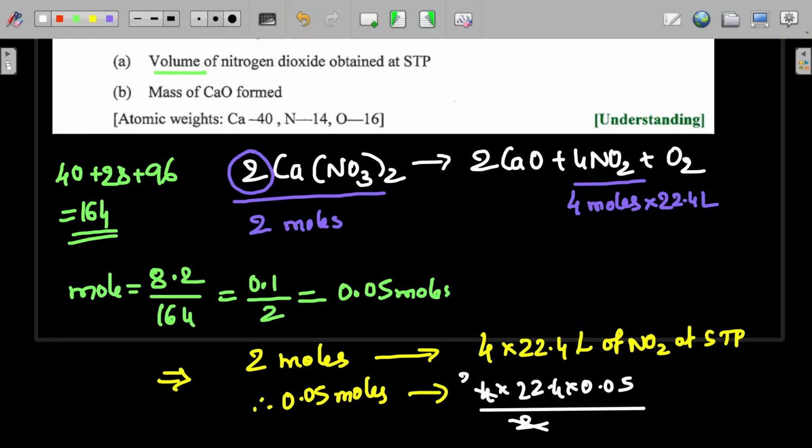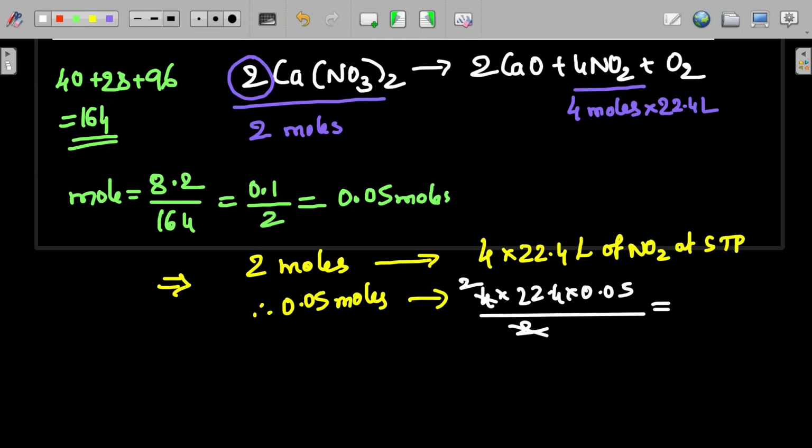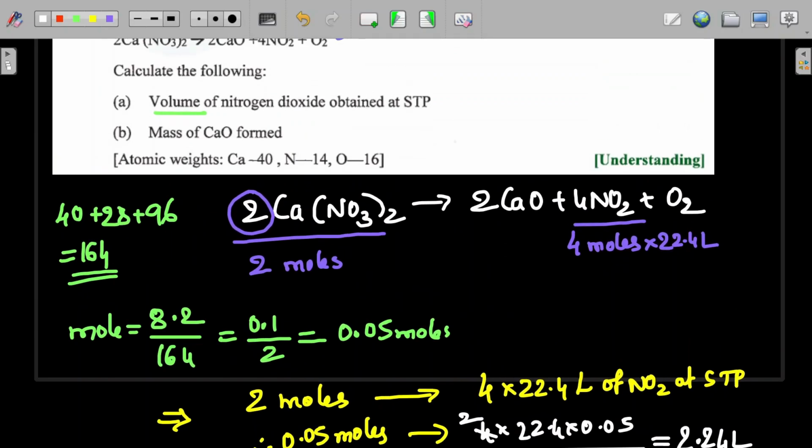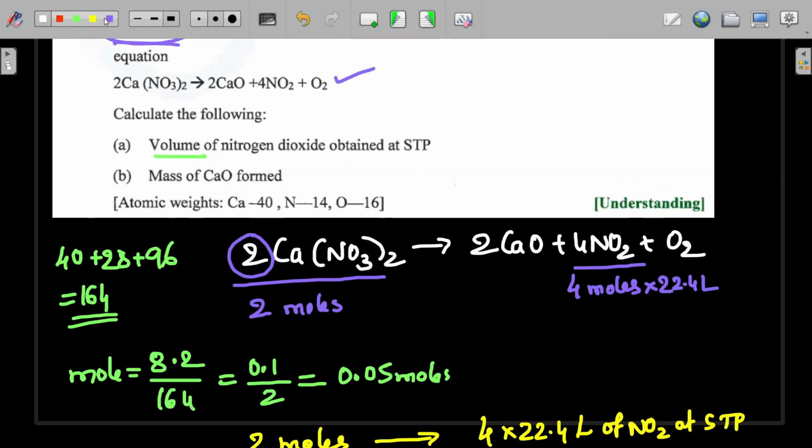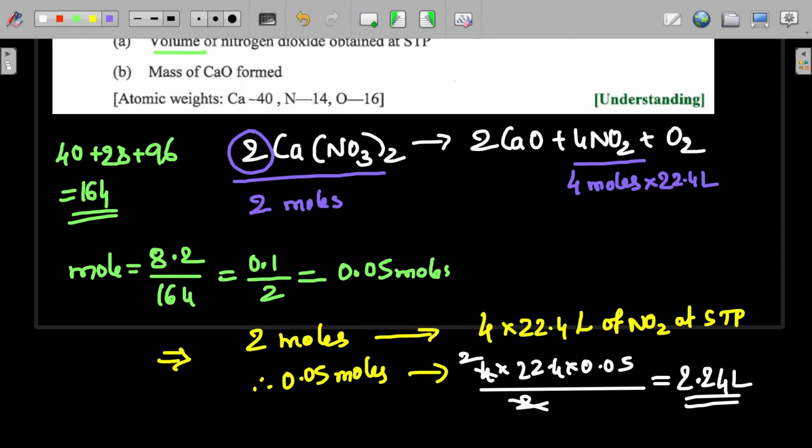Okay, 2 and 2 cancel, and remaining you multiply 2 into 22.4 into 0.05. How much are you getting? 2.24 liters. This will be the NO2 gas. So you have to take the mole to mole ratio, then connect it with the volume. 1 mole is 22.4 liters.